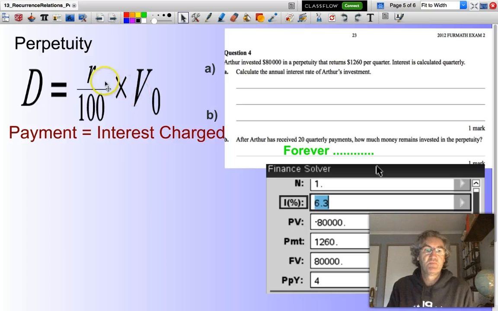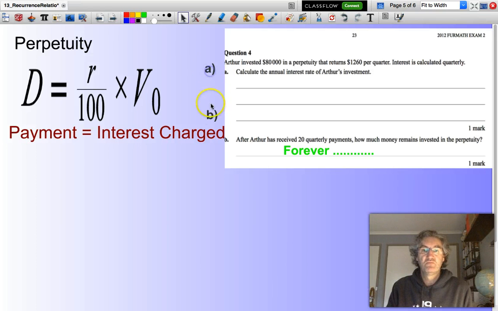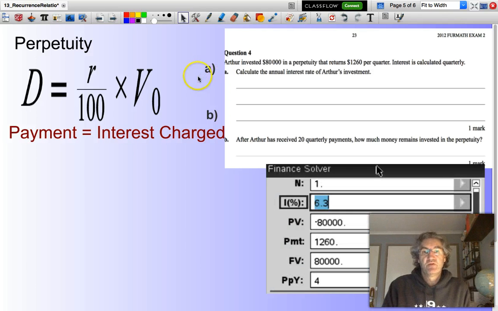So, here we go. I could use my TI-Nspire, or I could use a little bit of algebra. I was just looking to see whether I actually had the algebra. I haven't got that, so we'll just go straight to the TI-Nspire. What you will notice here, he's going to receive $1,260 per quarter, so that's the payment, and it will be positive.